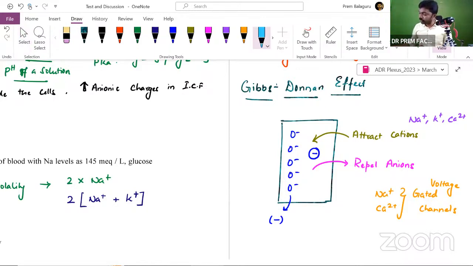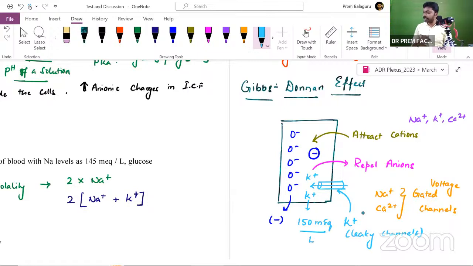Whereas, potassium is an ion that travels via leaky channels. As a consequence, subjugating to the attraction force, potassium moves inside the cell and a huge amount of potassium gets deposited in the cytoplasm.